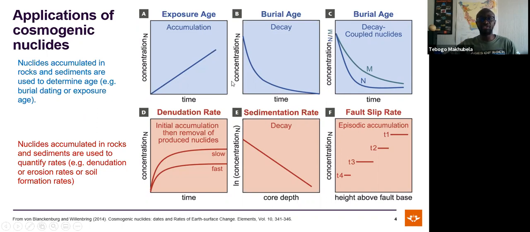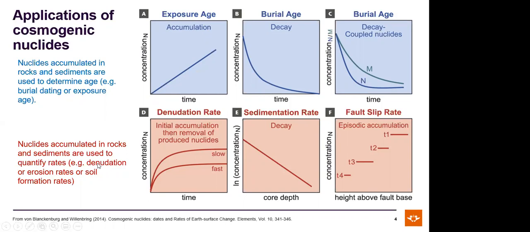And as a result, the radioactive cosmogenic nuclides, they start decaying. And by looking at the decay rate of those nuclides, we can determine the age of how long something was buried. And the radioactive cosmogenic nuclides can be paired with the stable cosmogenic nuclides, such as helium-3 or neon-21. And these can also be used for burial age dating.